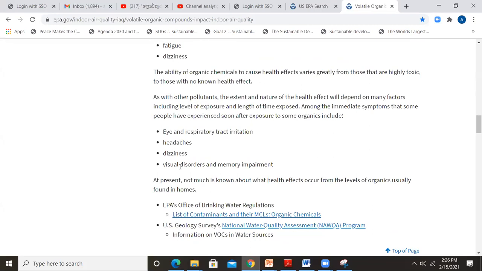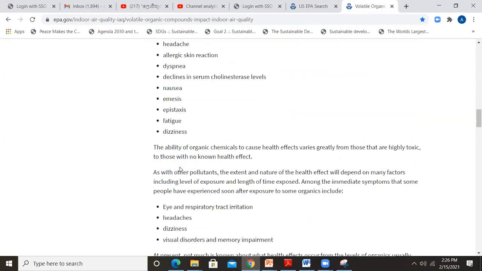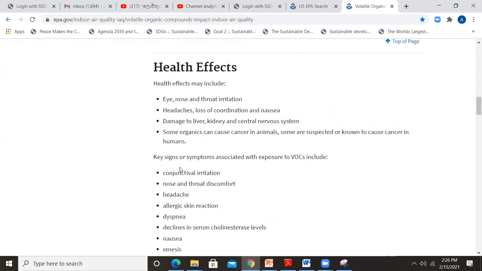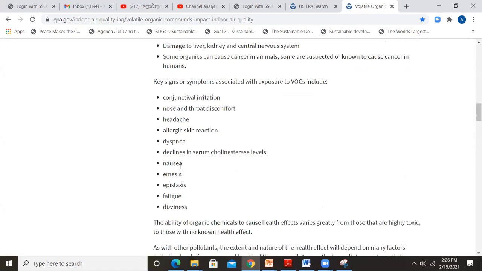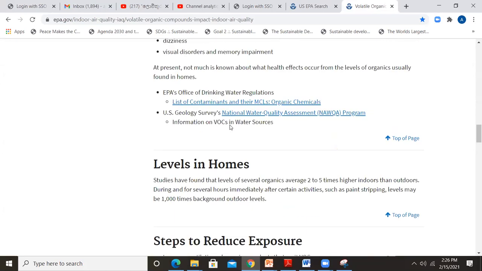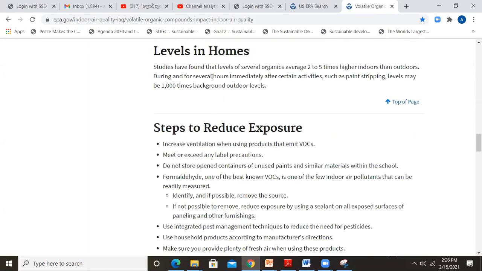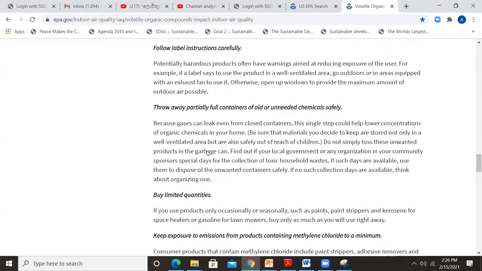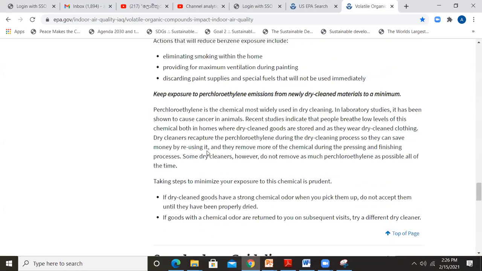Yes, long-term exposure. Yes, even there is a potential for cancers as well. Okay, in the liver. Okay. VOC levels in the homes can be quite high.